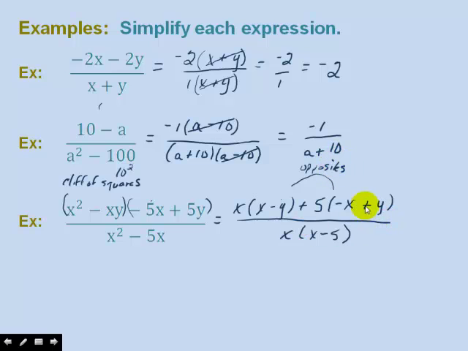But again, notice that we have x minus y and negative x plus y, and these 2 are opposites. That means that we could rewrite this second one as -1 times x minus y. And that would give us x minus y, which would match with this first one. So let's rewrite this a little bit. So we still have our plus 5 here, and then our negative x plus y we're rewriting as negative 1 times x minus y.